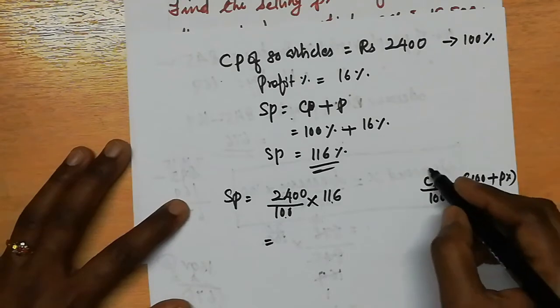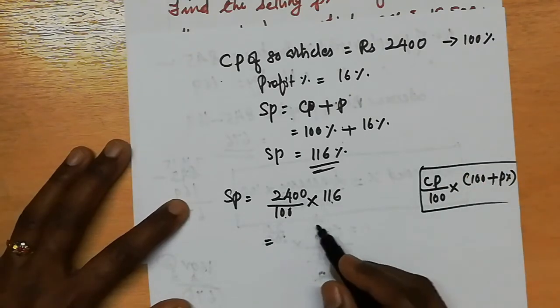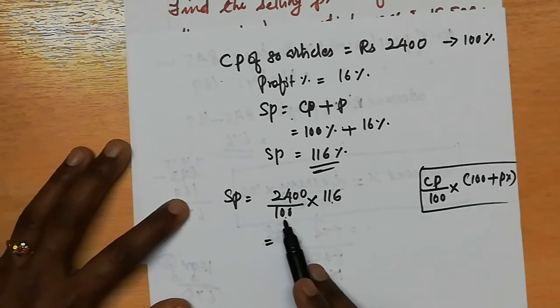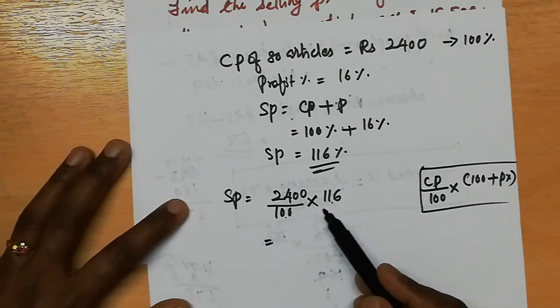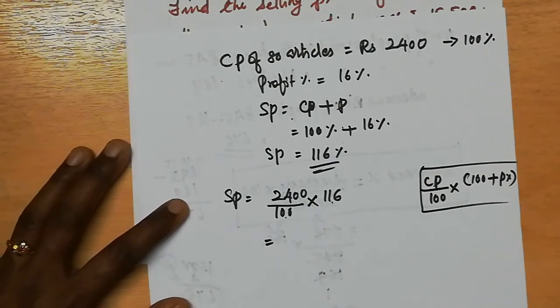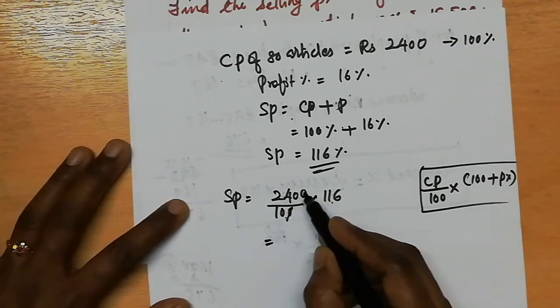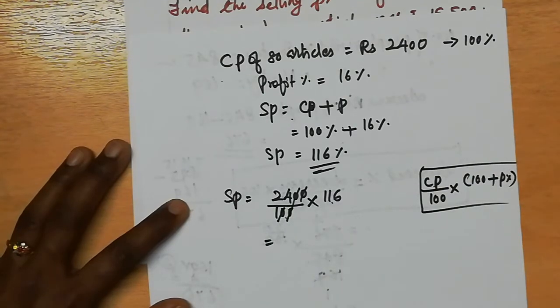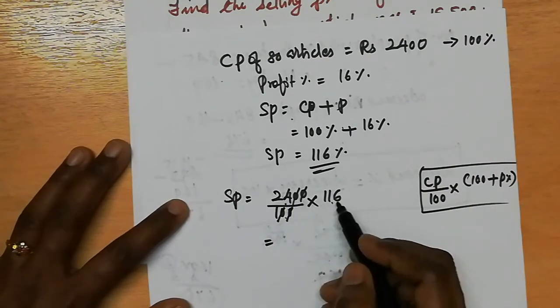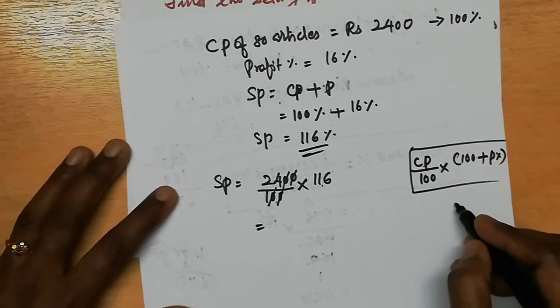That equation also you can follow. Otherwise you can memorize like that. If 100% is 2400, then how much is 116%? Okay, clear? Now we can easily cancel 0, 0. Then here is one more 0, here is also one more 0. Then 24 into 116, that we will multiply here.